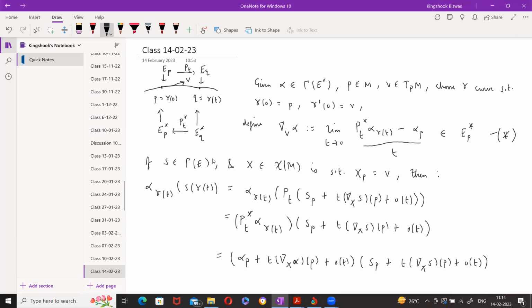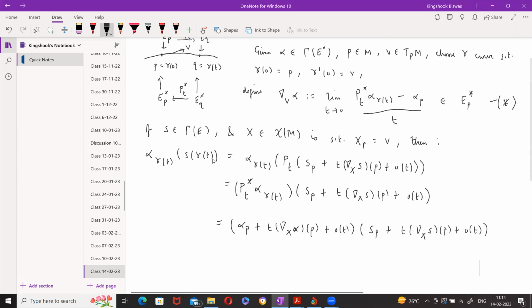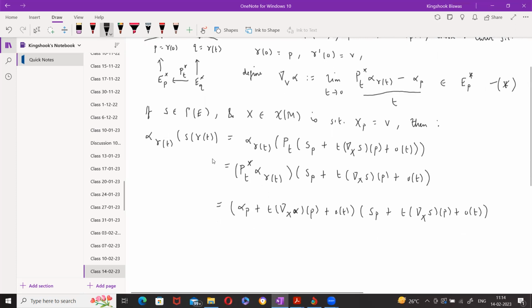Now I have a linear functional acting on a vector, and the pairing between linear functionals and vectors is bilinear, so I can expand this out. When I expand this out, the first term will be alpha composed with S at P. Plus I'll get terms in t.